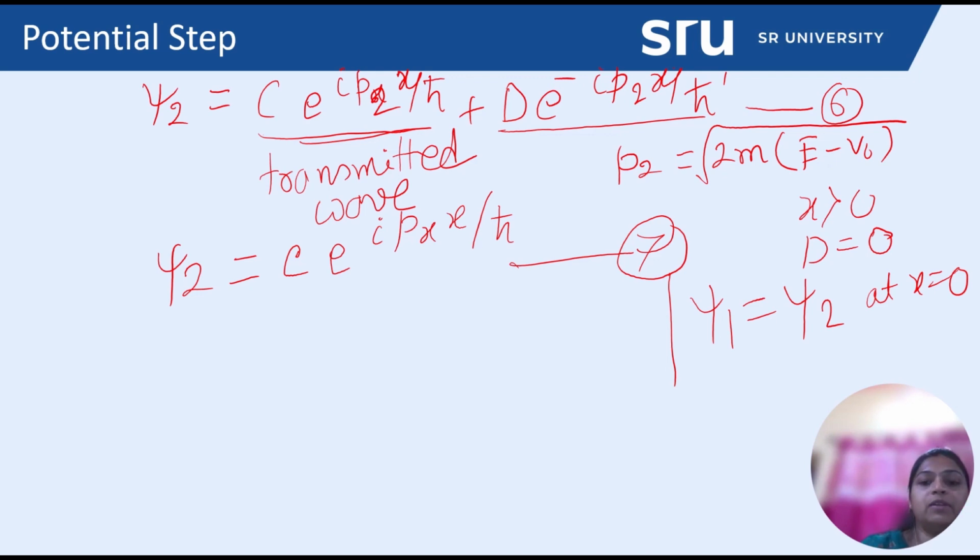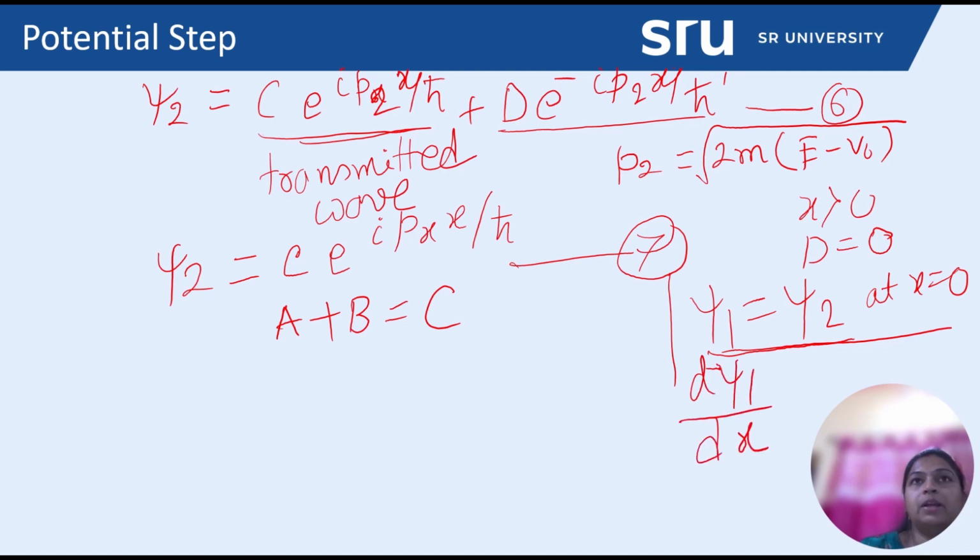So if we apply this condition to the solutions of both regions, then one can get A plus B is equal to C. And for the continuity of d psi by dx, if psi 1 is equal to psi 2 at 0, then applying the continuity condition means d psi 1 by dx is equal to d psi 2 by dx at x equal to 0.